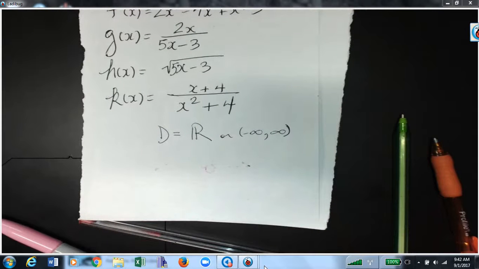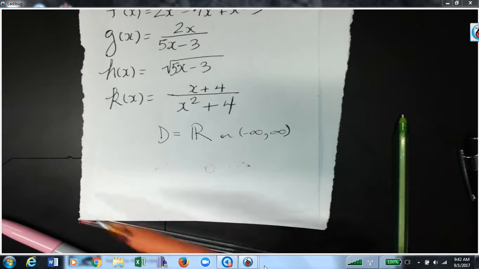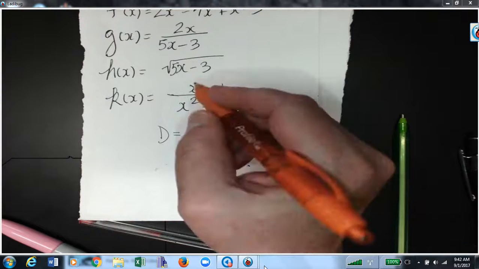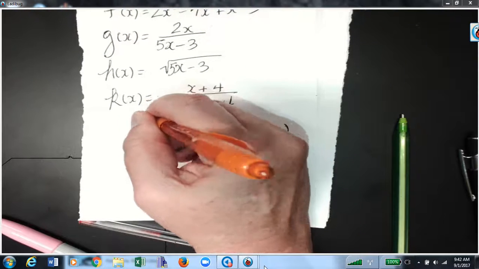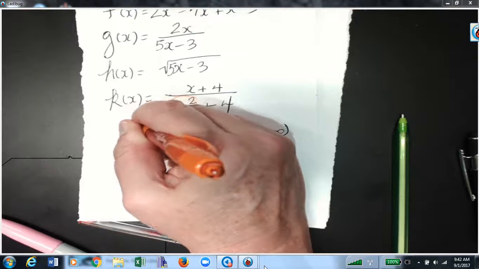So yes, we do have a fraction, and yes, there are restrictions on fractions. Fractions are not allowed to have a denominator that is equal to 0. Now, what must happen for this denominator to be equal to 0? We would have x squared would have to be equal to -4, wouldn't it?